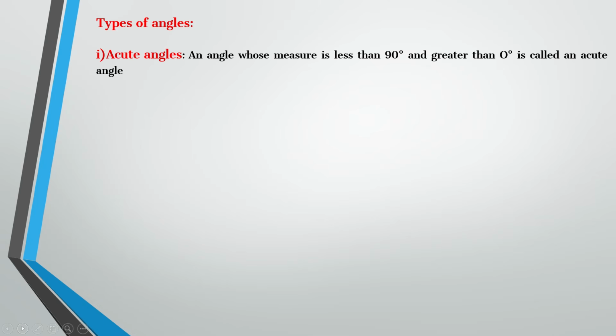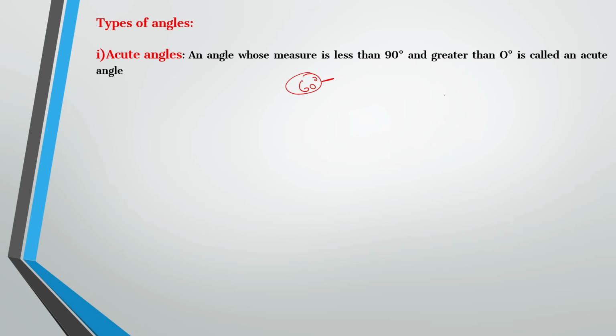An angle in an equilateral triangle is 60 degrees, so 60 degrees is a good example of an acute angle. Likewise 30 degrees and 40 degrees are all acute angles.